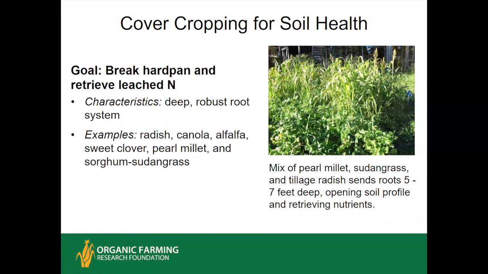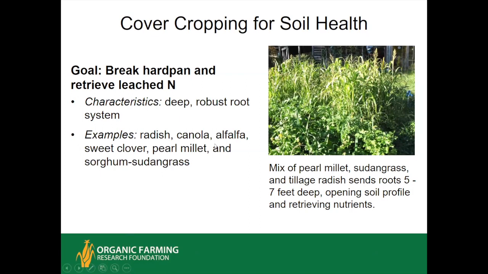So breaking up hardpan, retrieving leached nitrogen, they kind of go together, deep roots. Cover crops, most of them have a capacity to get through at least a moderate hardpan. Even winter rye, which is not nearly as deep and heavy rooted as this pearl millet and Sudan grass and tillage radish, even the rye will open up the soil profile on some soils and allow the next crop to send its roots deeper.